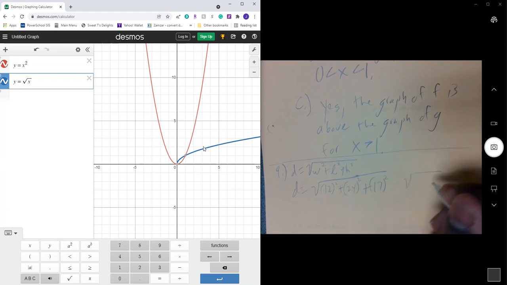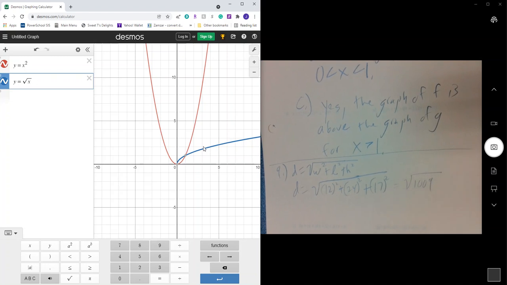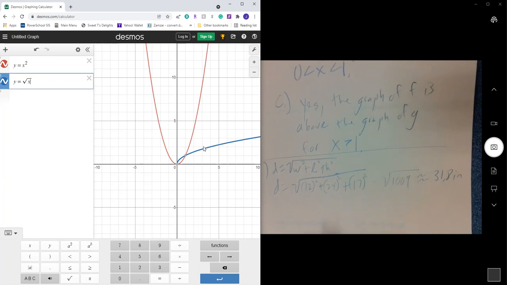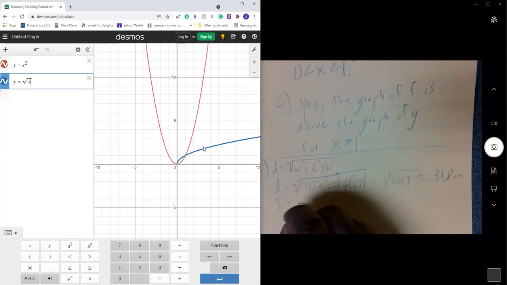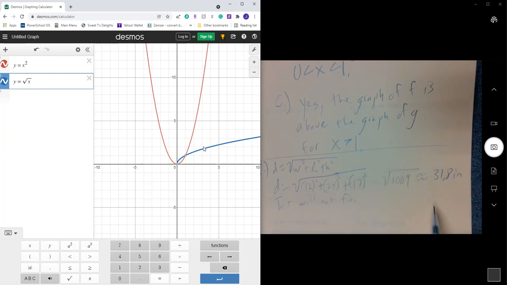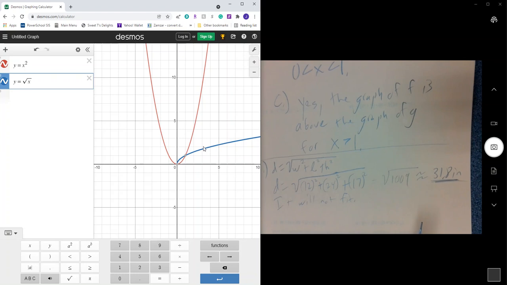So this will end up giving us the square root of 1009, which is approximately 31.8 inches. So remember they asked us, would an umbrella measuring 34 inches long fit? It will not fit because we only got 31.8 inches and it's 34 inches, so it will not fit. Okay, now that was section 5.7.